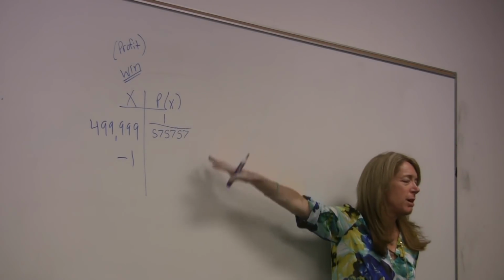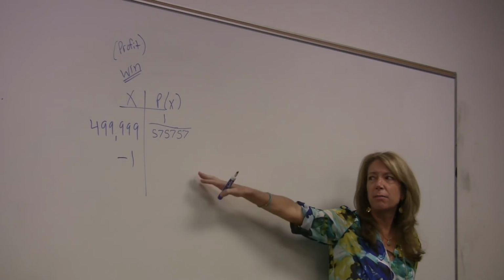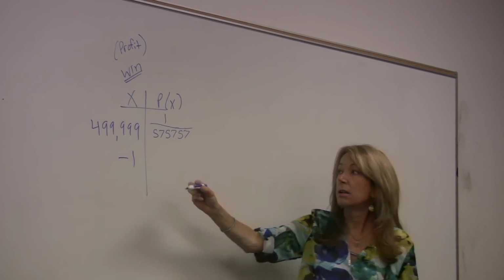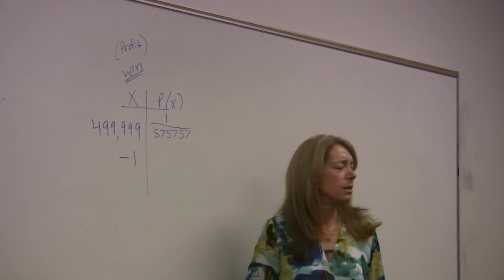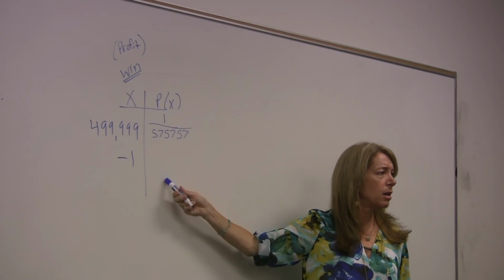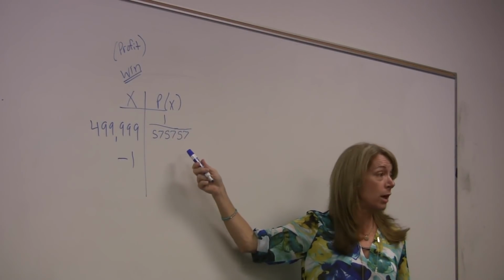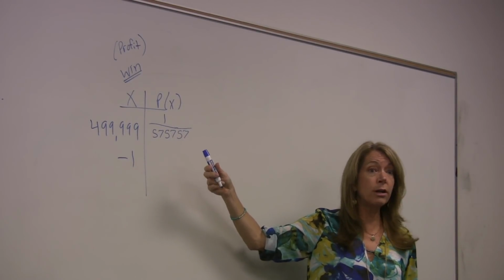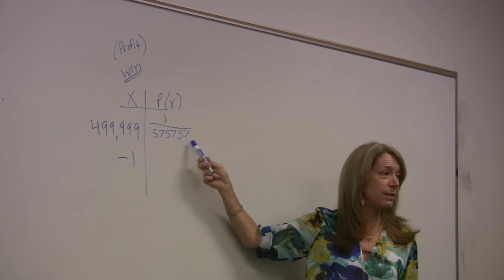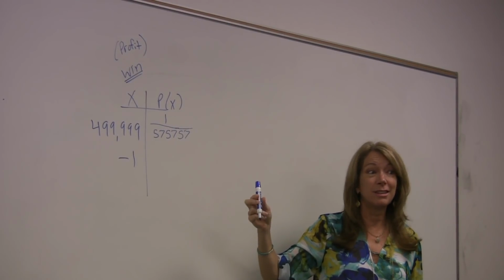So I'm trying to make my own probability distribution. We didn't calculate the probability of losing though. We only calculated the probability of winning. I might win or I might lose. How can I find this probability right here? I could either subtract this fraction from 1, or I can say, if there's one way out of 575,757 to win, how many ways are there to lose?